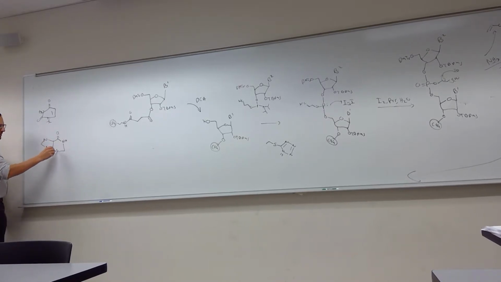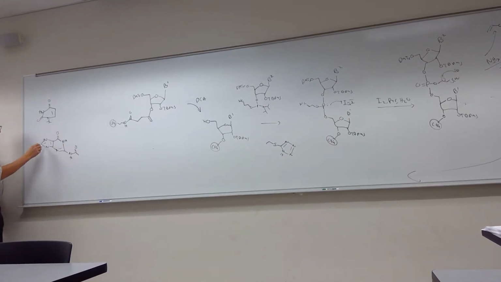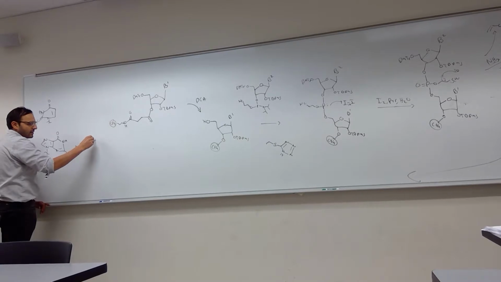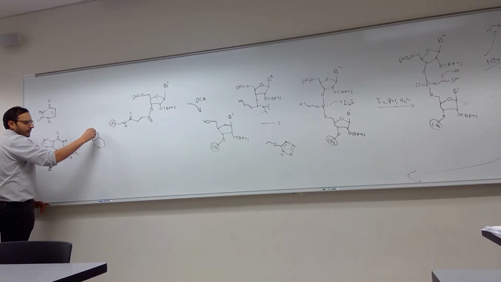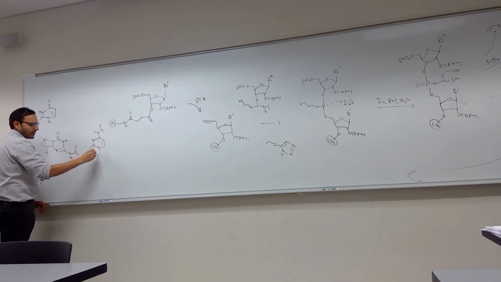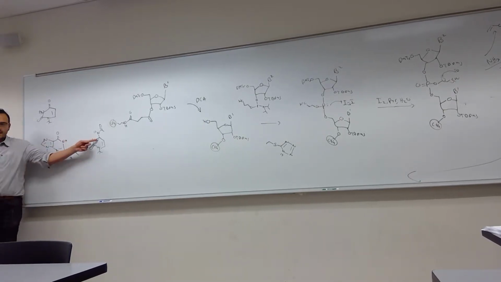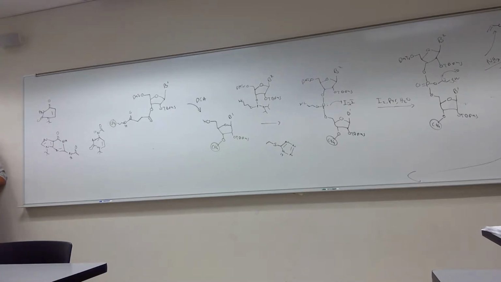So you will see it like this. And so the ammonia will remove your acetyl group. In the case of cytidine, this is also acetylated. Anything that has an exocyclic amine, guanosine, cytidine, or adenosine, gets protected in that step. And that's what you want all of them to have, to be base labile. Any questions? No? Makes sense?